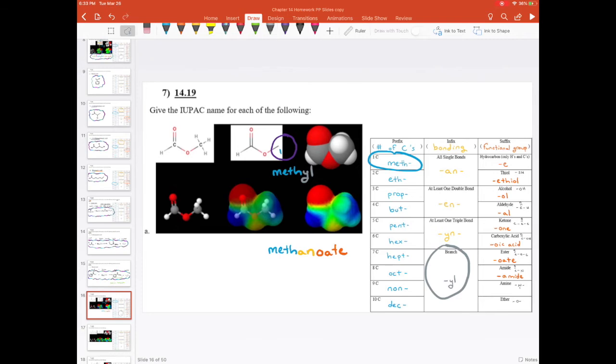So we can take that branch name and bring it in front of the backbone name, so meth, and then YL. And the name for the full molecule would be methyl methanoate. Methyl methanoate.